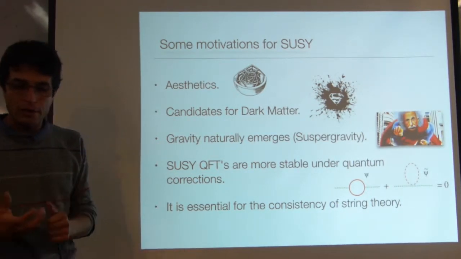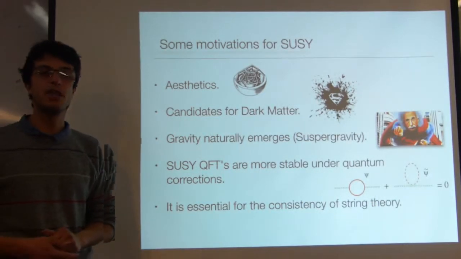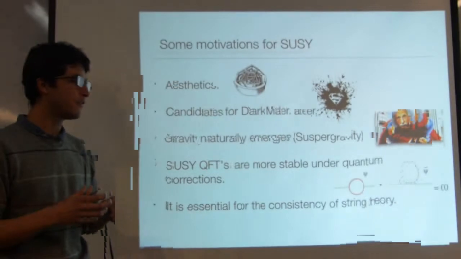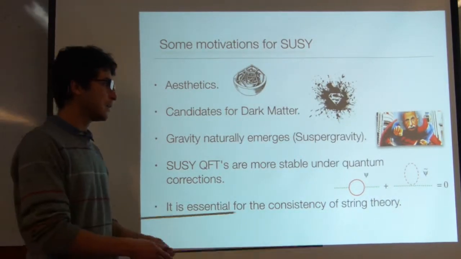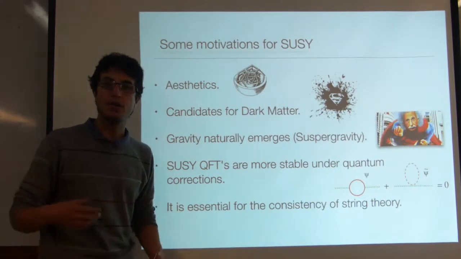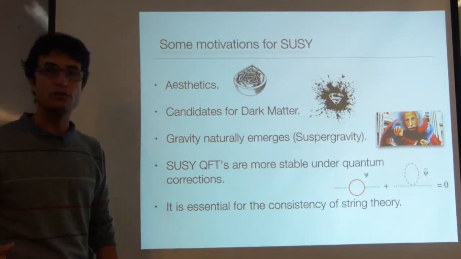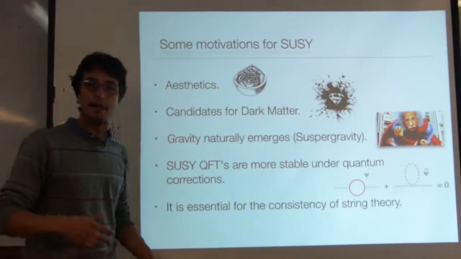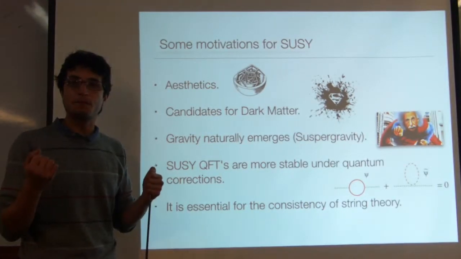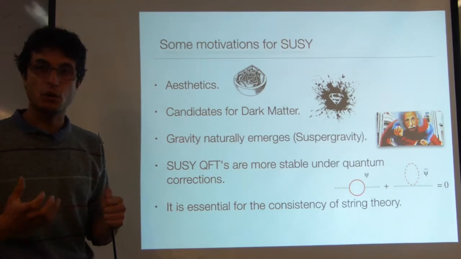Also, a very well-known feature of supersymmetric theories is that they are very stable under quantum corrections, far more stable than the usual field theories. In particular, they come with a solution for the hierarchy problem of the standard model, and they also make computations easier.